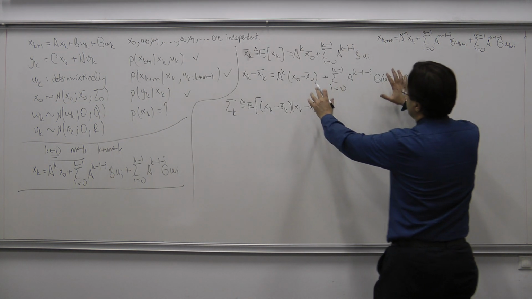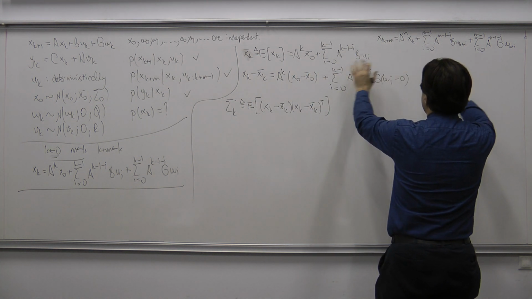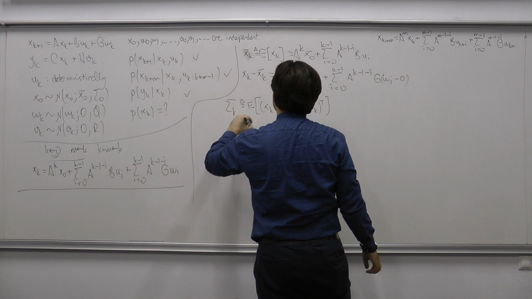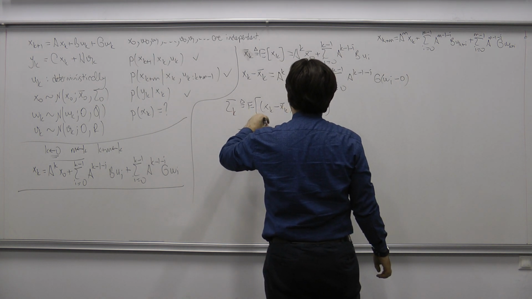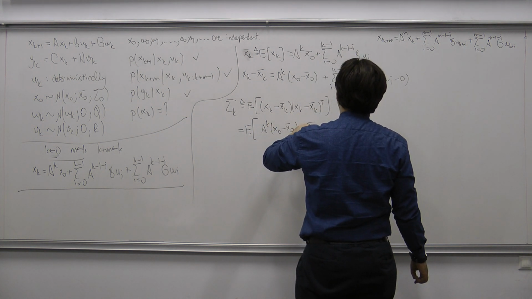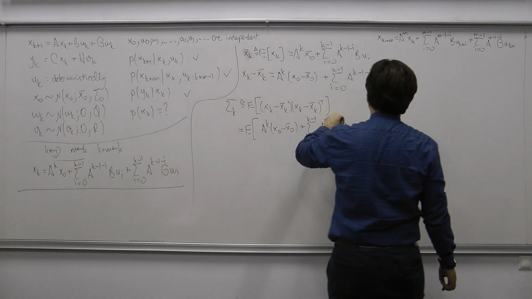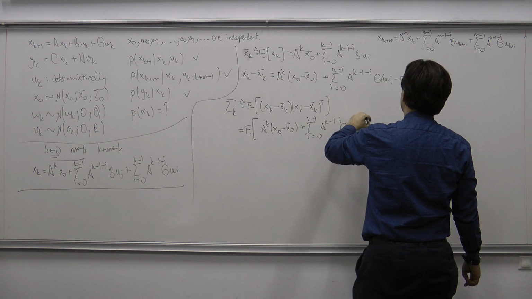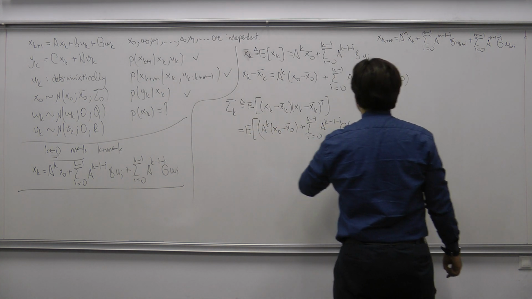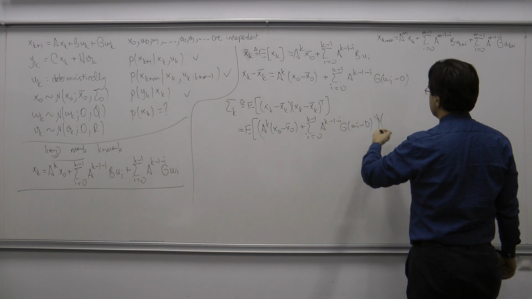So now think that you multiply these terms with themselves, with their transposes. Let us do it the long way. So I have a^k times x0 minus x0 bar, plus the sum over i from 0 to k minus 1 of a to the k minus 1 minus i, g, wi minus 0. So I have these terms times these terms transposed.